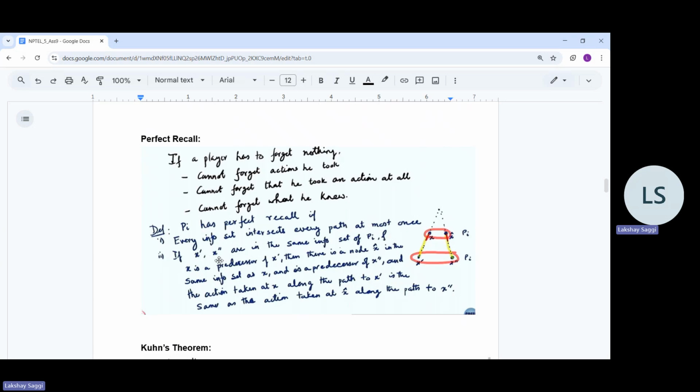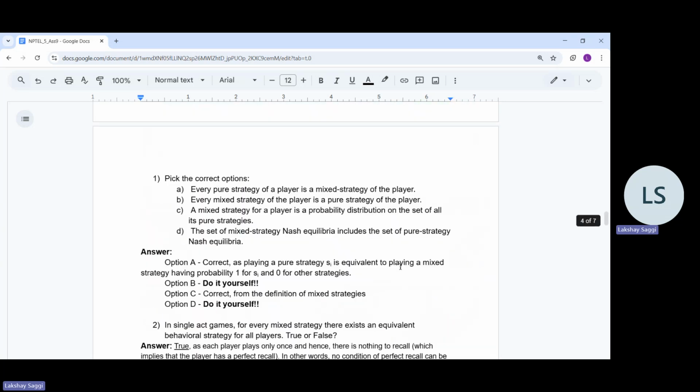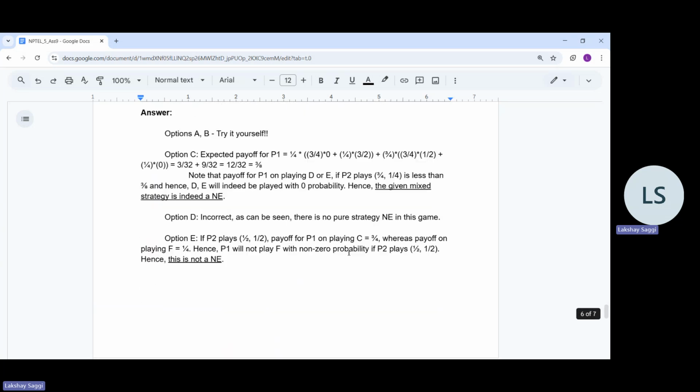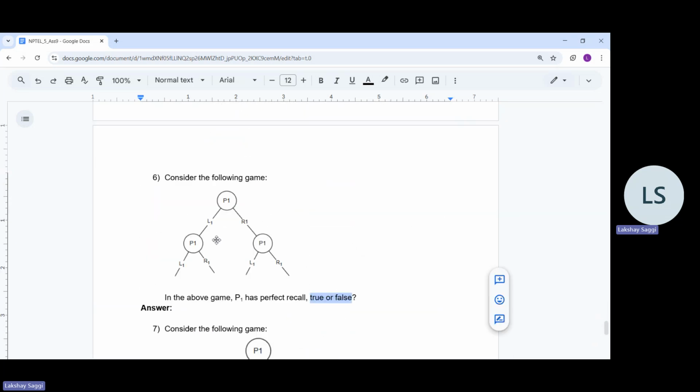If x prime comma x double prime are in the same information set and x is a predecessor of x prime, then there is a node x hat in the same information set that is a predecessor, and the action taken at x is the same as the action taken at x hat.